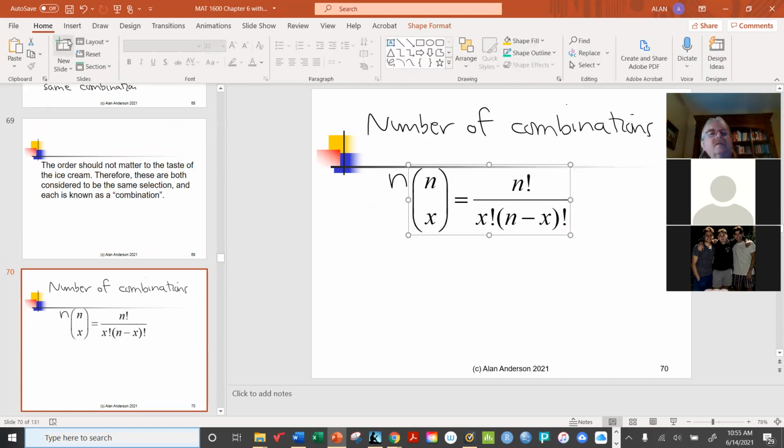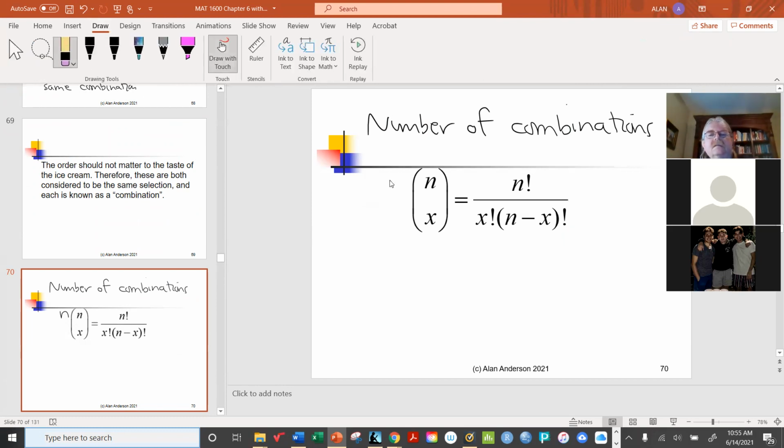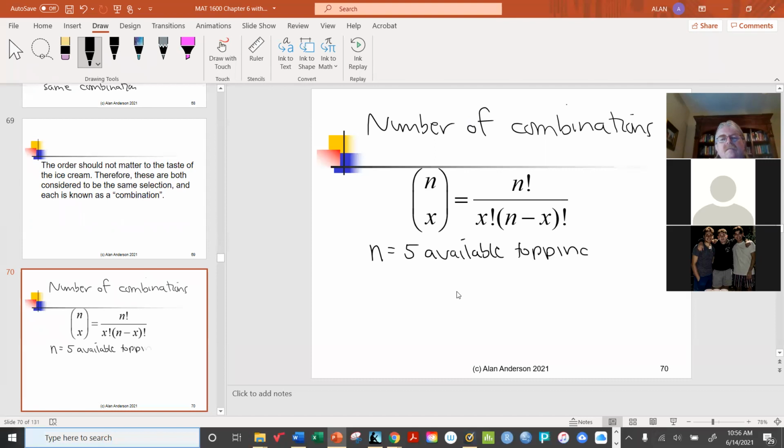So in our example with the toppings, N is 5 because we have 5 toppings. And X is 3 toppings are chosen.